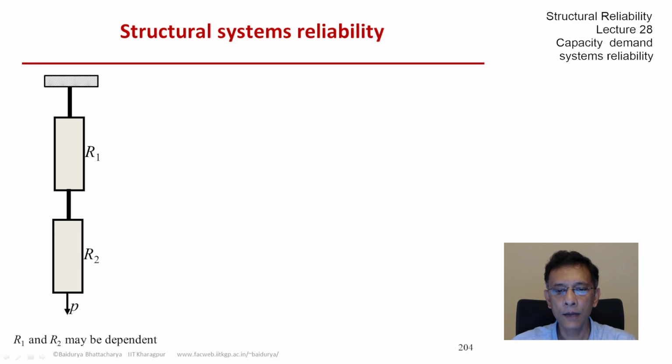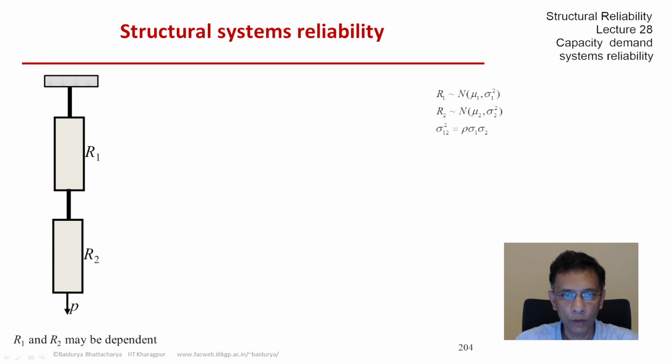Let's work through an example and try to put some hard numbers to the discussion that we are having. Let's say that R1 and R2 are jointly normal, and we allow a dependence between them, and the correlation coefficient is a very useful way of introducing dependence, especially between two joint normal random variables.